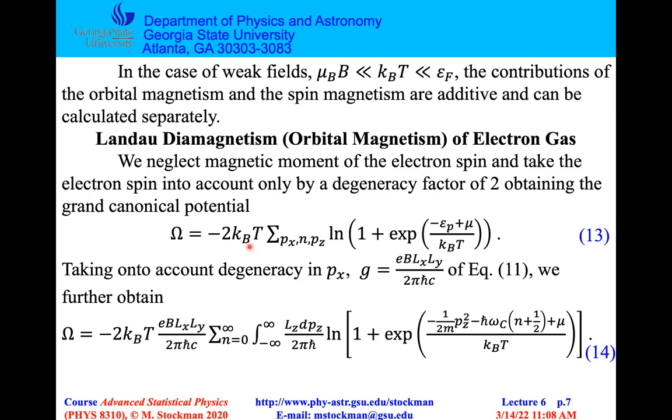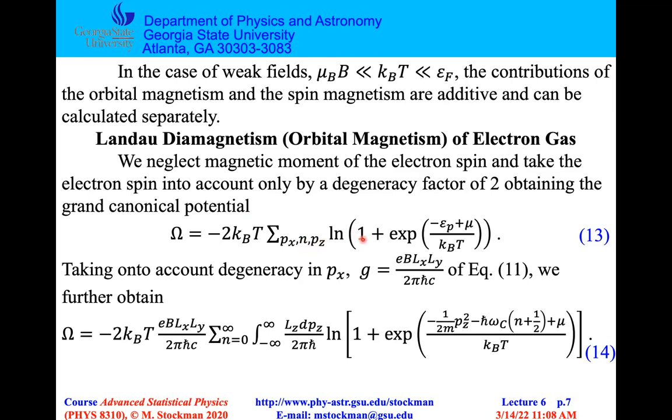So omega is minus 2 kBT, where 2 is the degeneracy. I sum over all quantum numbers of the system. There are 3 quantum numbers in a 3-dimensional system. Px and Pz are momenta, and in y direction I have a discrete quantum number. It's the principal quantum number, an integer quantum number, the principal quantum number of the Landau oscillator.